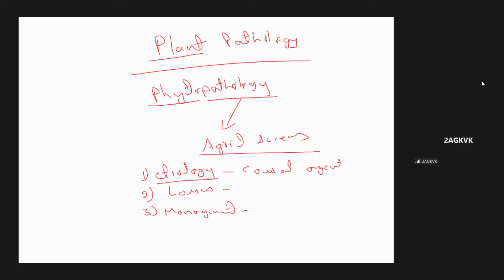So with this, you should have the objectives of plant pathology. What are the objectives of plant pathology? Why we need to study plant pathology is one of the biggest thoughts that we should come across. Why do we need to study?